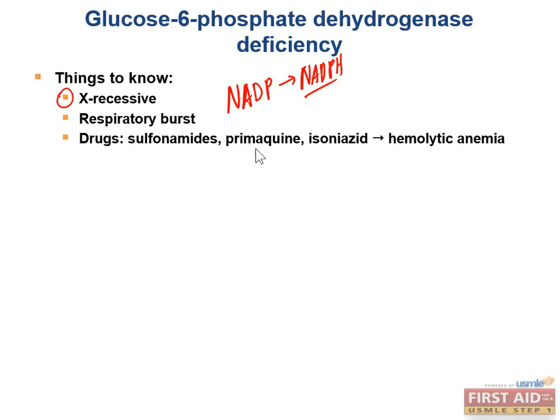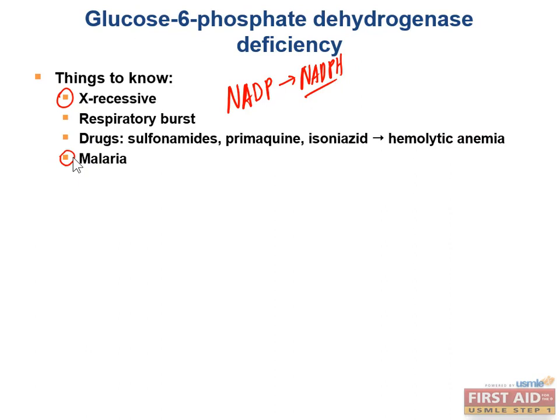Now, these patients should also not eat those fava beans since they contain high levels of oxidants. The only silver lining here is that G6PD deficiency is going to provide some resistance to malaria, possibly because of the higher oxidative stress. Therefore, G6PD deficiency is more common in black people.